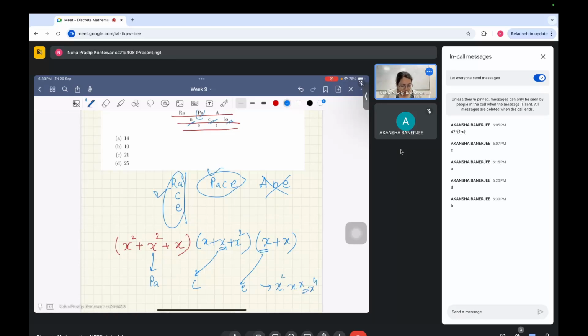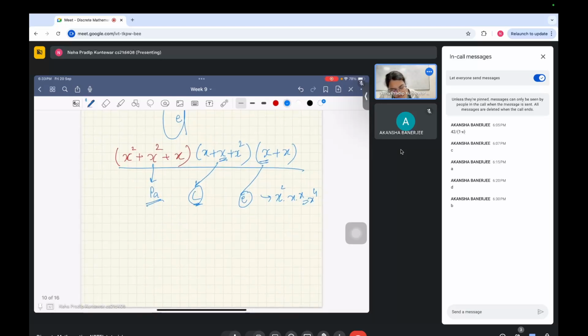So each way of getting x to the 4 gives you a distinct word of size 4, and therefore it's sufficient to find the coefficient of x to the 4 in this given polynomial.